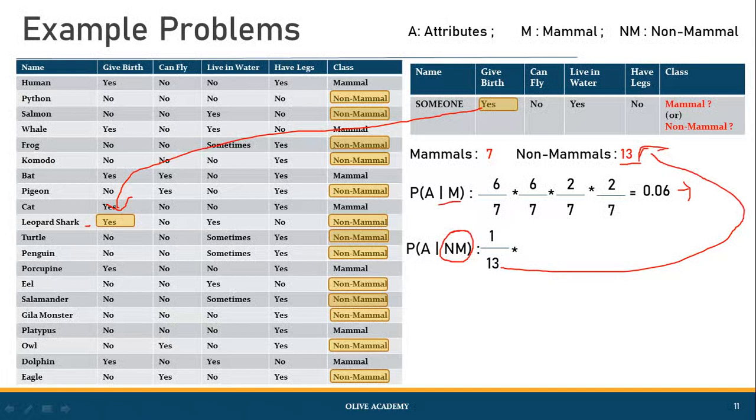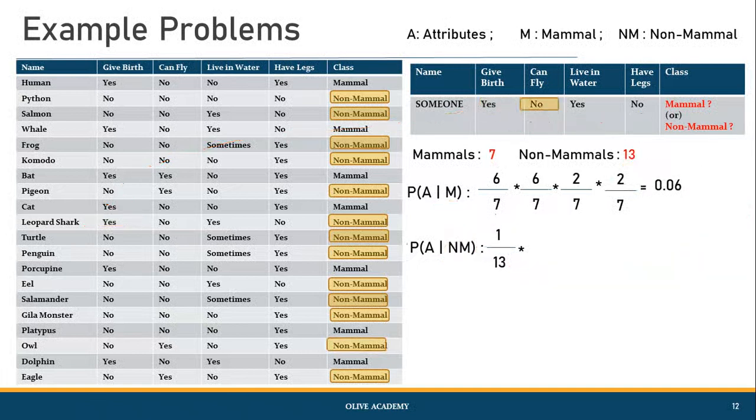Now we have to identify the non-mammal for every one of these attributes, like how we identified for mammal, right? Similarly, for can fly equal to no, it is going to be 10, right? Because there are 10 no values.